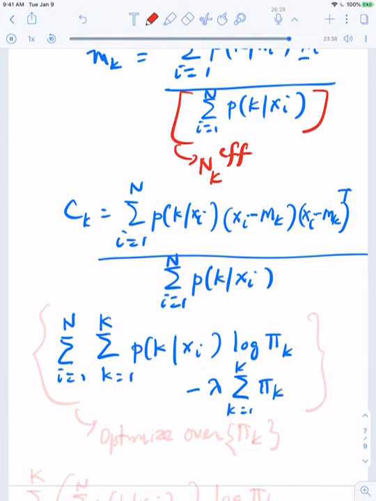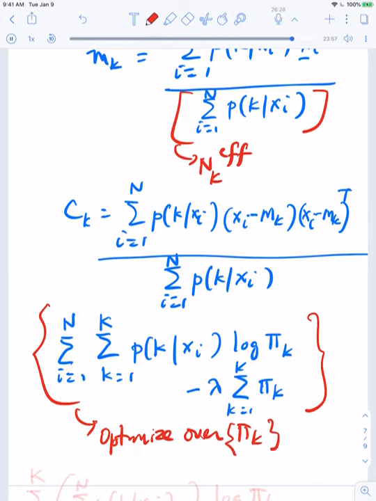So this is what we have to optimize over pi k.